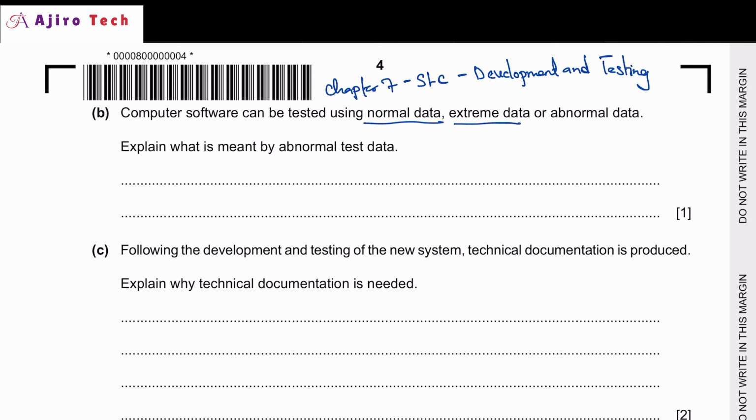The abnormal data is the data outside the limit or boundary of acceptability and should be rejected or cause an error.